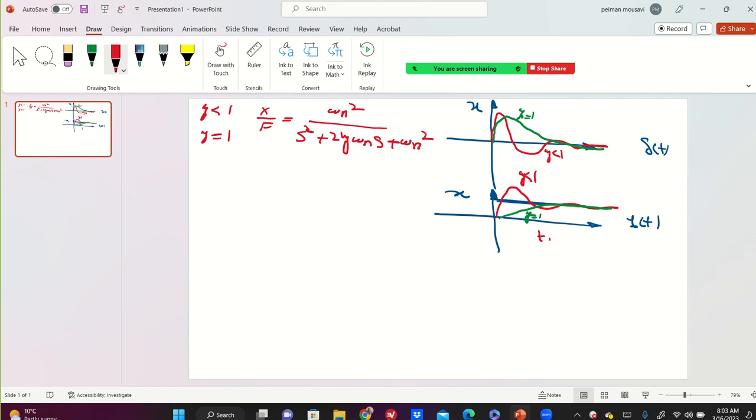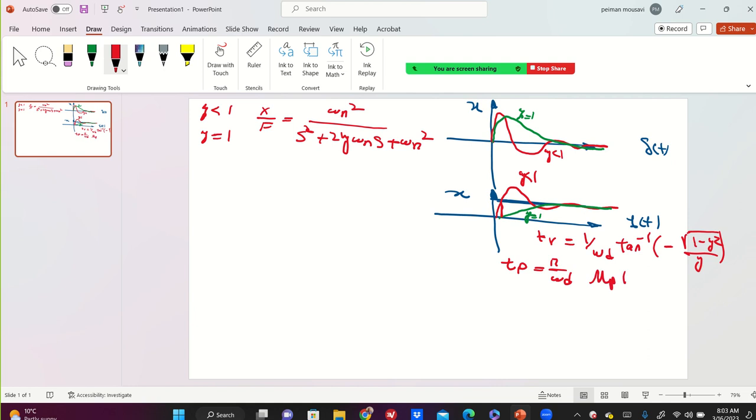One of them was the rise time, that was 1 over omega d, tangent inverse of minus square root of 1 minus zeta squared over zeta. And we found the peak time, that was pi over omega d.